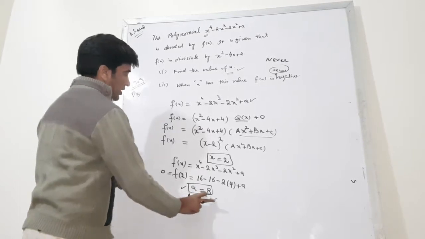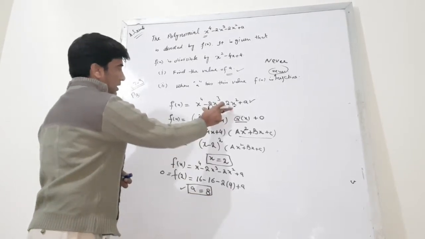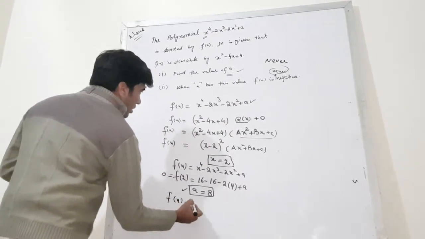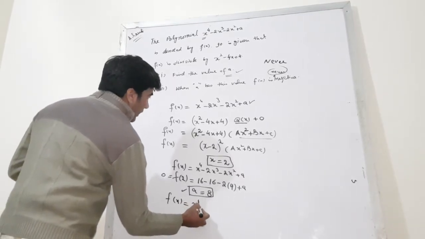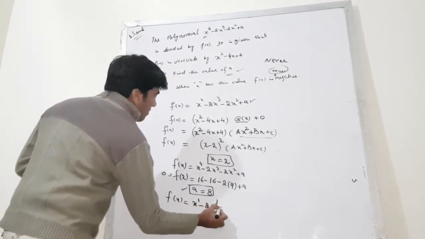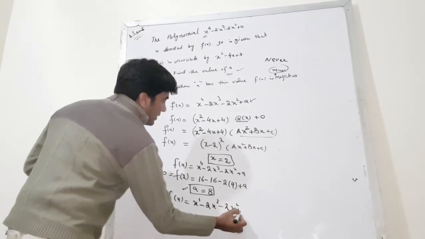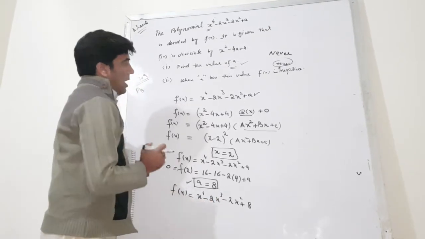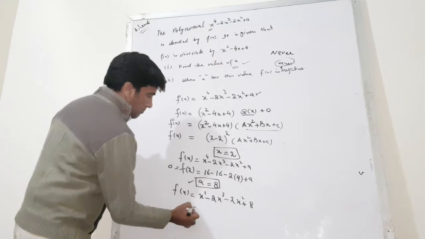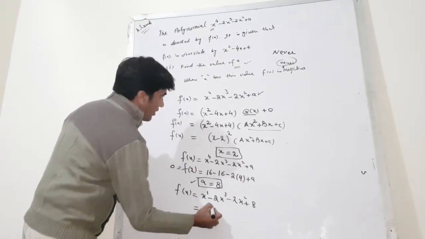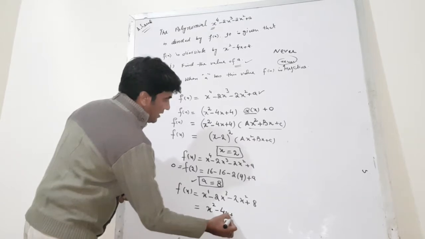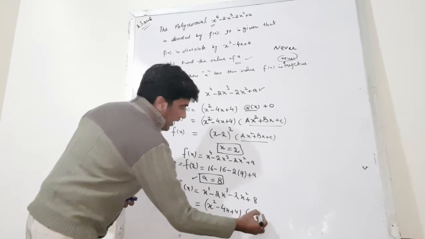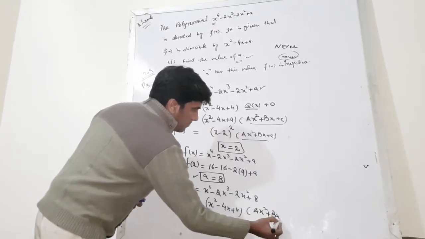Now I use this value in the given polynomial, so that it becomes x⁴ − 2x³ − 2x² + 8. In the same way, this polynomial can be written as (x² − 4x + 4) times (ax² + bx + c).